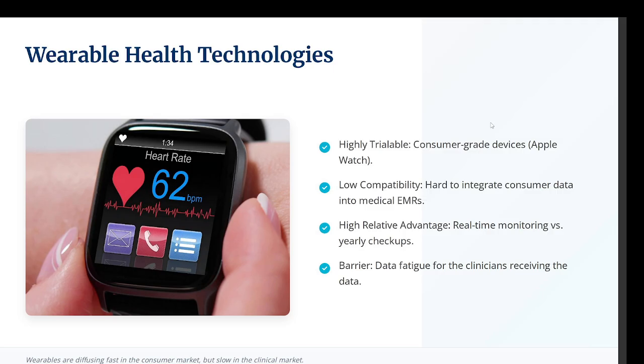Wearable health technologies. Wearable healthcare technologies represent another rapidly growing area of medical innovation. These devices include smartwatches, fitness trackers, continuous glucose monitors, wearable ECG monitors, sleep trackers, blood pressure monitors, and biosensors capable of continuously collecting biophysiological data.